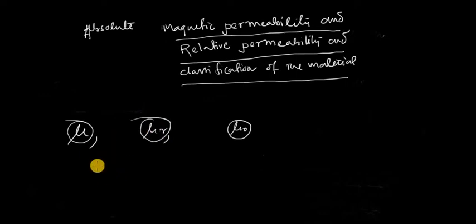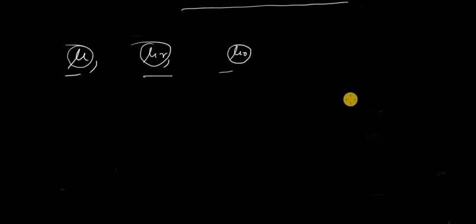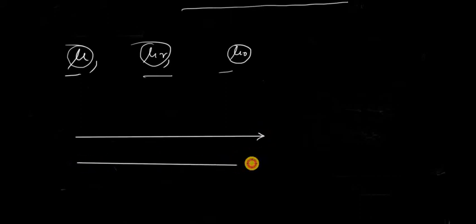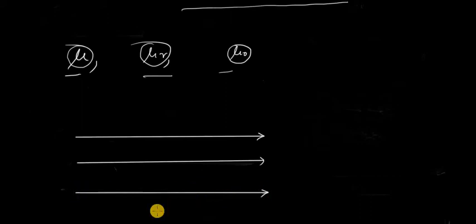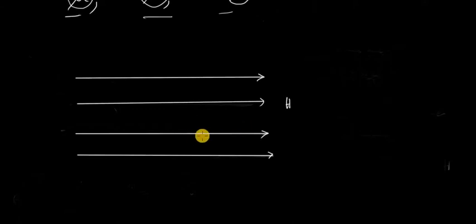Now next, we define these parameters. Suppose we have a magnetic field of intensity H, of strength H. This is our original magnetic field of strength H, and as you know, this magnetic field is represented by magnetic lines of force.